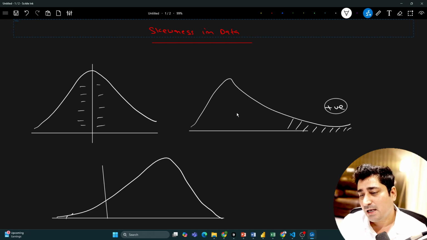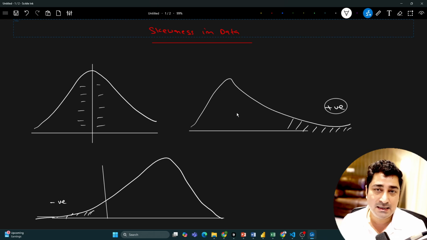With respect to some of this data, you will find a tail on the negative side, or you can say on the left-hand side. Now, what is the meaning of this? Technically, it's called skewness. So this is basically data with zero skewness.